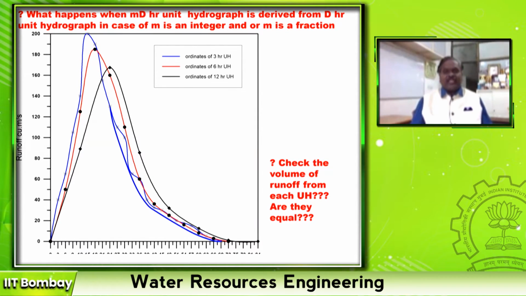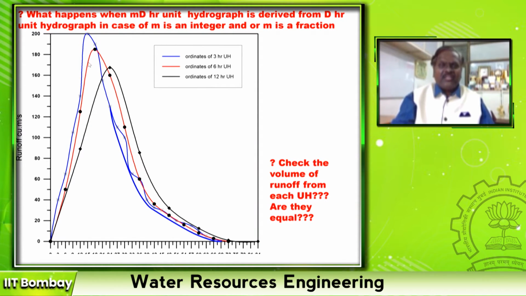How to derive the concept of rainfall-runoff relationship using this hydrograph, that is called the unit hydrograph. Derivation of the unit hydrograph from a simple storm, a complex storm of constant duration, and also converting D-hour duration to MD hours, where M is an integer as well as a fraction.